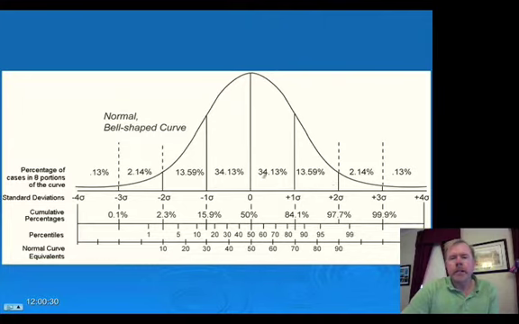So it's much easier for a child to move, say, from the 40th percentile to the 60th percentile. That's 20 percentile ranks higher, okay? But it's only probably about a third of a standard deviation difference in actual scores, compared to a child moving from, we'll say, the 84th percentile to, say, the 99th percentile.